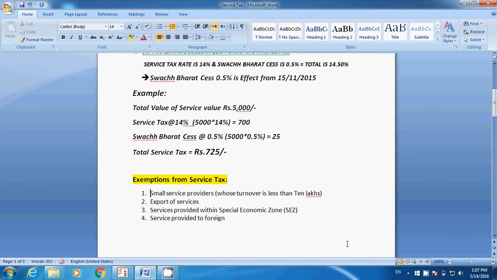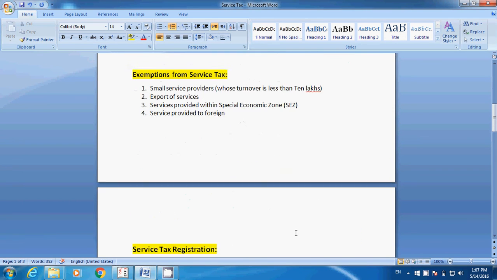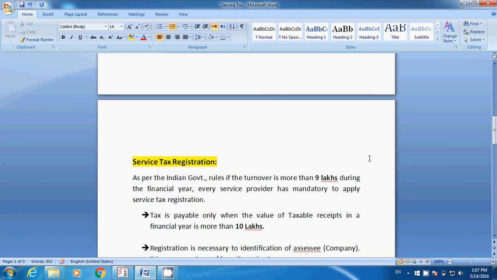In the first option, small service providers, generally if our turnover crosses 9 lakhs in a particular financial year, then we have to register under service tax. Otherwise it is not required. If the turnover is more than 9 lakhs, every service provider has a mandatory requirement to apply for service tax registration during the financial year.